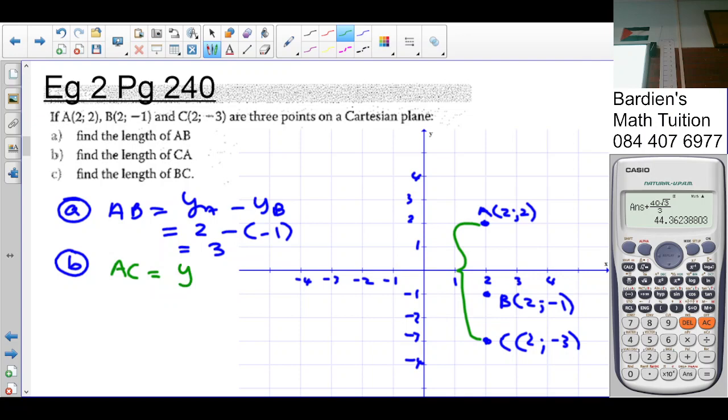So it's going to be y of A minus y of C. So this would be 2 minus negative 3. So it's going to be 2 plus 3. And 2 plus 3 is? You see that length is 5. And we know it's 5. Not so? Now you do C quickly.